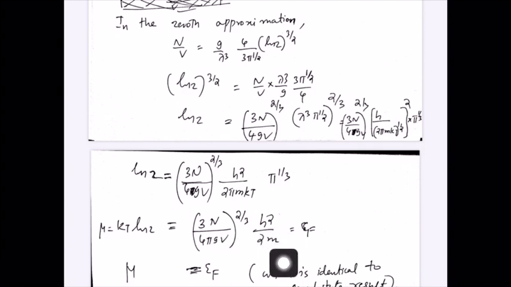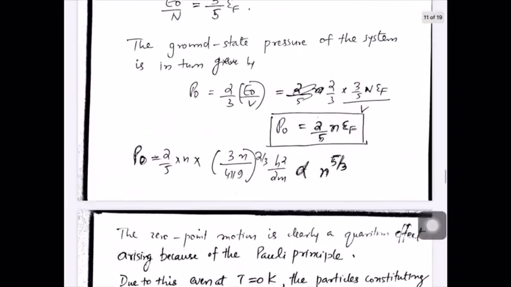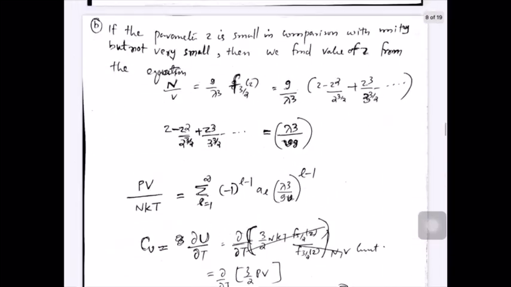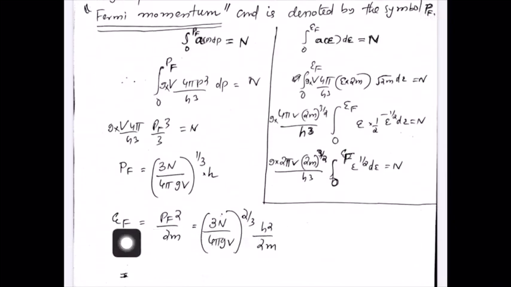So that is h squared by 2m, times 3N by 4 pi gV to the power 2 by 3, which is exactly the Fermi energy. In the last lecture, we calculated the Fermi energy, when we considered the ideal Fermi gas at 0 Kelvin, absolute zero: the energy of the topmost filled energy level.